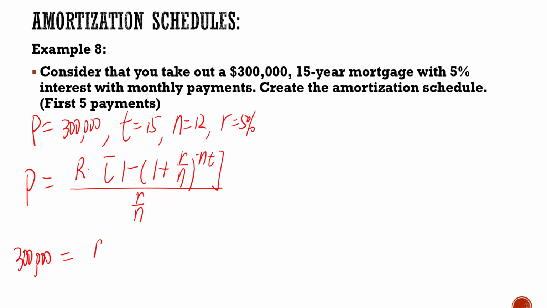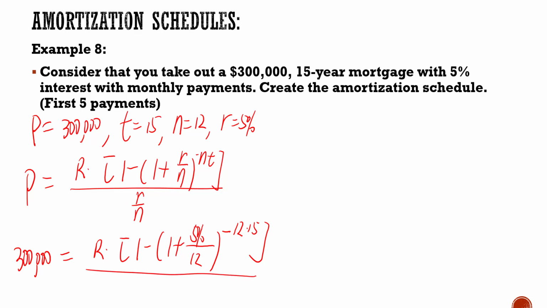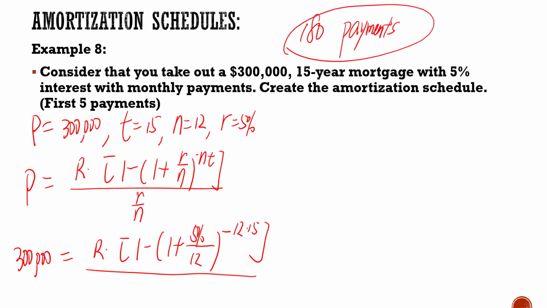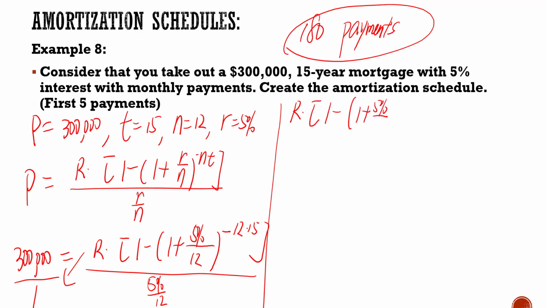300,000 equals regular payment times 1 minus 1 plus the rate, 5% over 12, raised to the duration, 12 times 15. For a 15-year fixed mortgage, you are making 180 monthly payments. So one more time, we will solve for R. Using the proportion times 1 minus 1 plus 5% over 12 raised to negative 180 power.